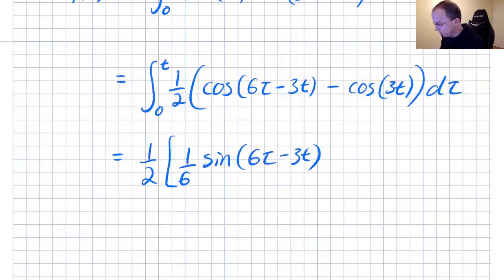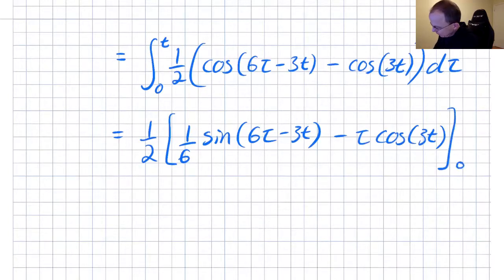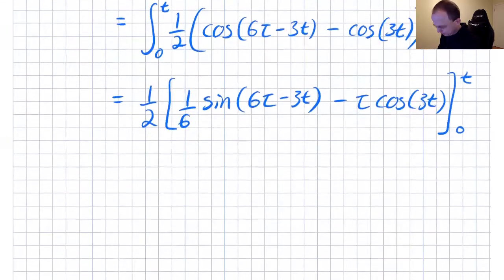So remember, we're doing the antiderivative with respect to tau. So t is just a constant here. It's easy to forget that. And then this is just tau times cosine 3t. And then we'll evaluate that from 0 to t, integrating from 0 to t.